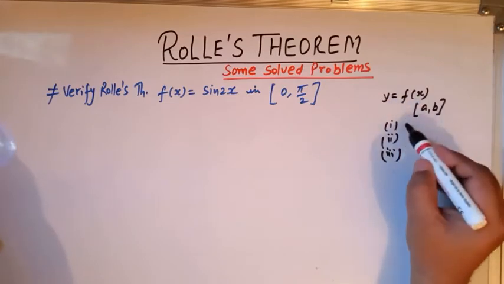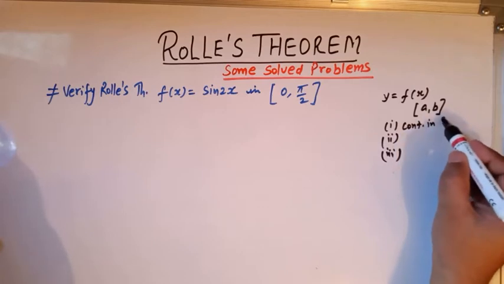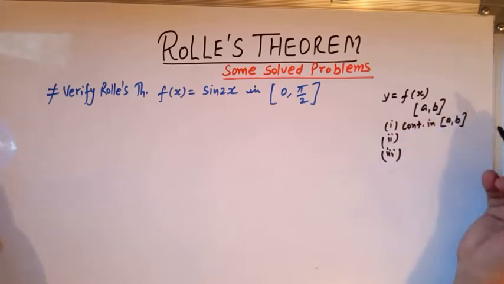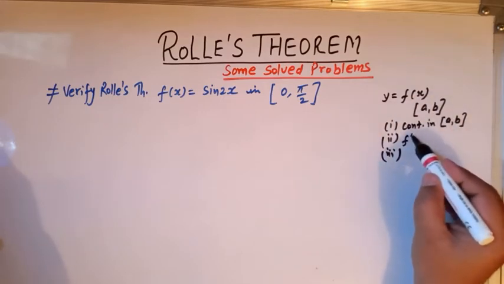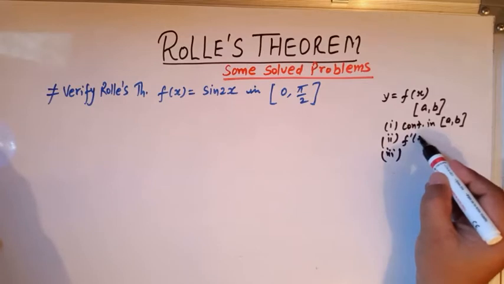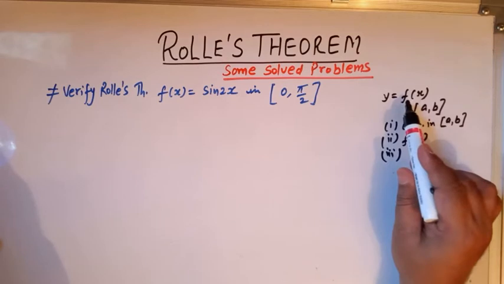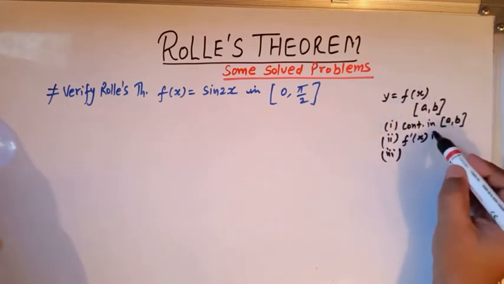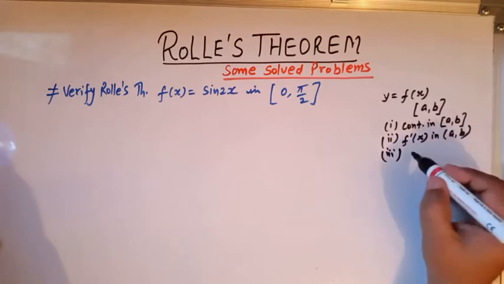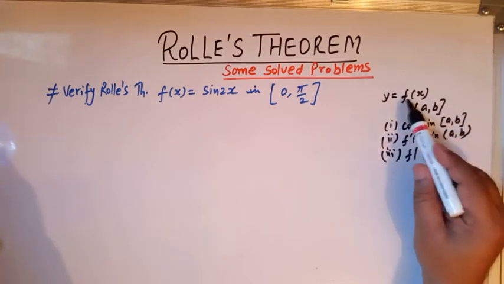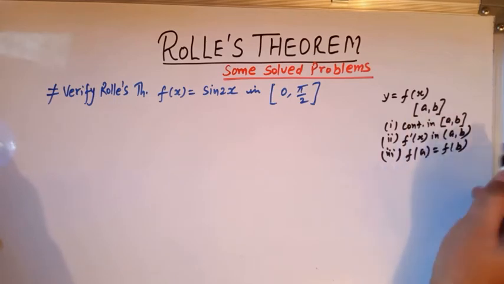This function f(x) is continuous in closed interval [a, b]. This function is differentiable, or f'(x), the derivative of f, exists in open interval (a, b), and the value of this function at point a and at point b is equal.